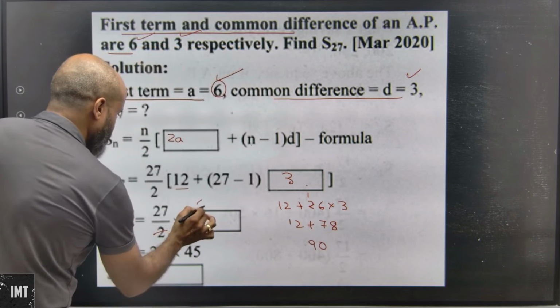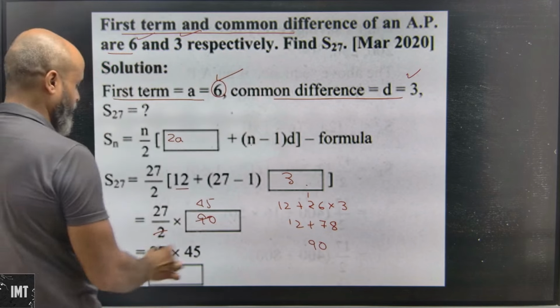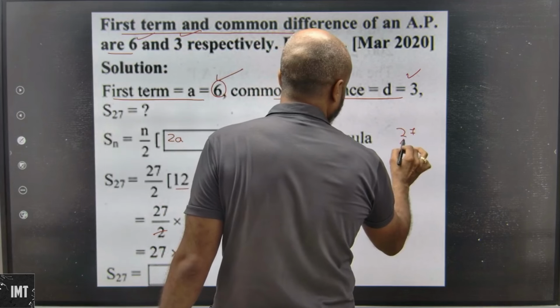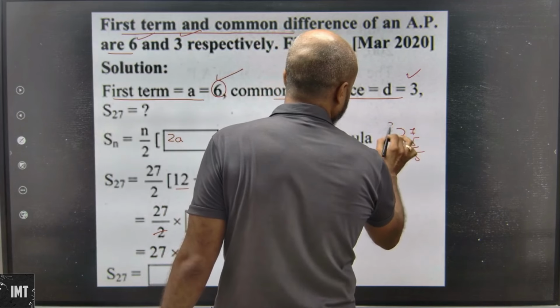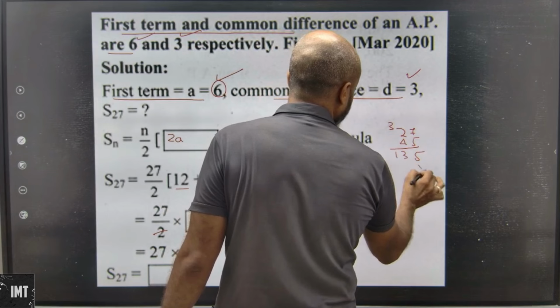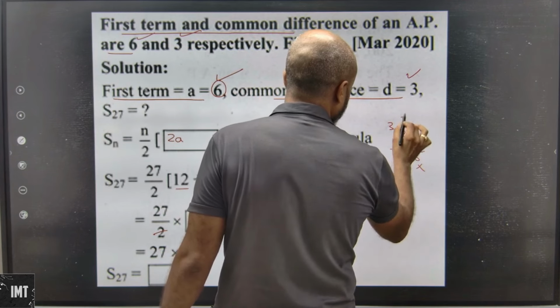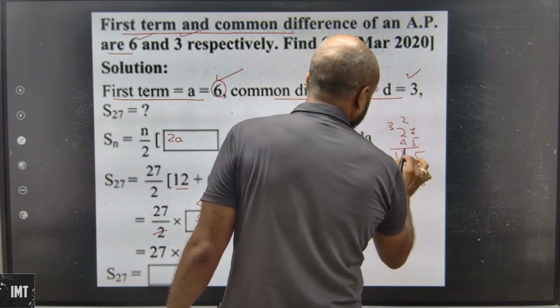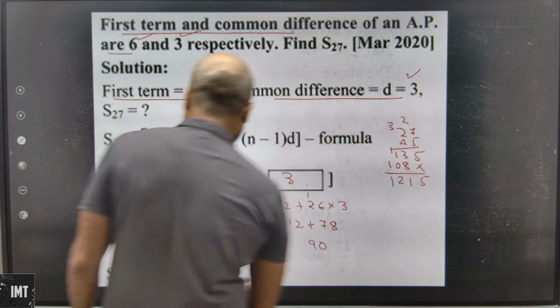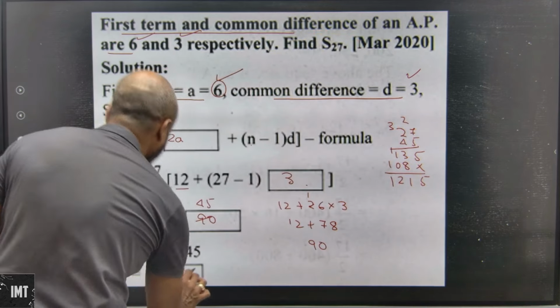We multiply this by 27 by 2, so 90 by 2 gives you 45. Now let's say 27 into 45. That gives 1215.